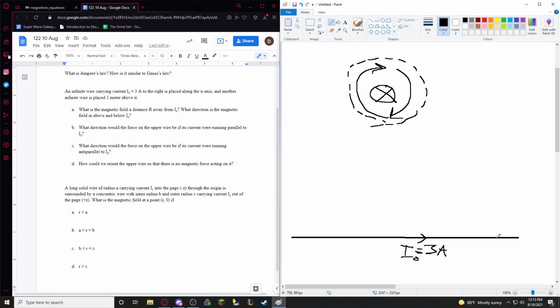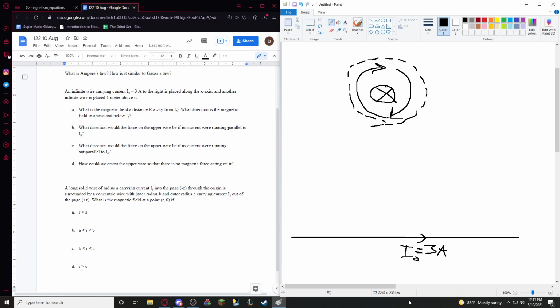Well, you know the magnetic field is always going to be perpendicular to the current, right? Yes. The current's going to the right, so you have essentially 4 options for the direction. It's either up, down, into the page, or out of the page. Or anything in between, but it's going to be one of those 4.